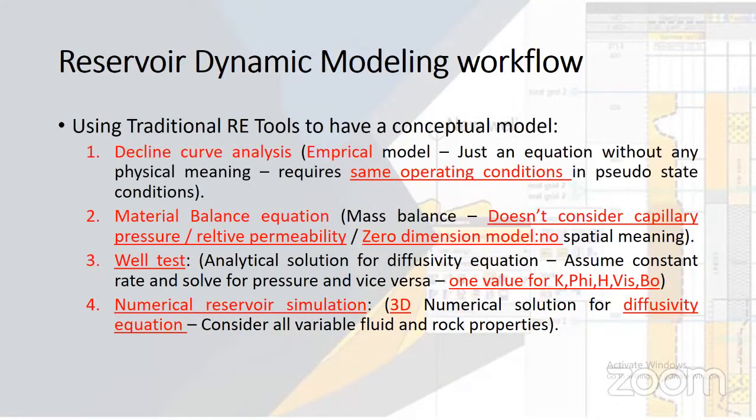The second step for the dynamic modeling is to use the results from traditional reservoir engineering tools like material balance, decline curve analysis, and so on, to have a conceptual model for our reservoir.